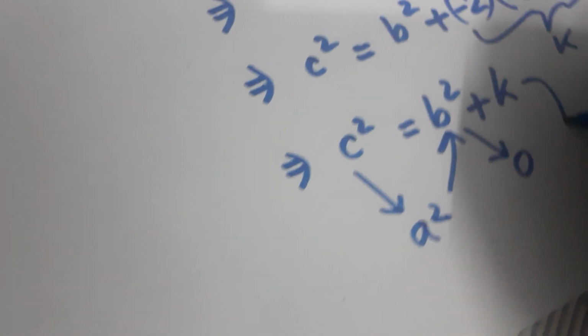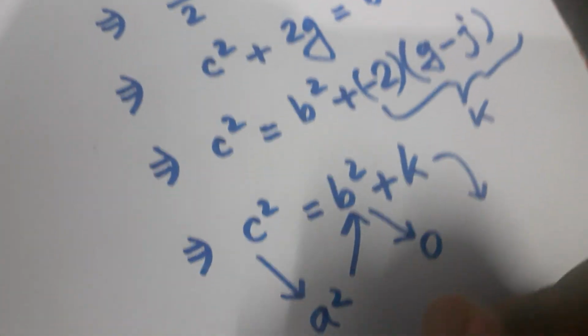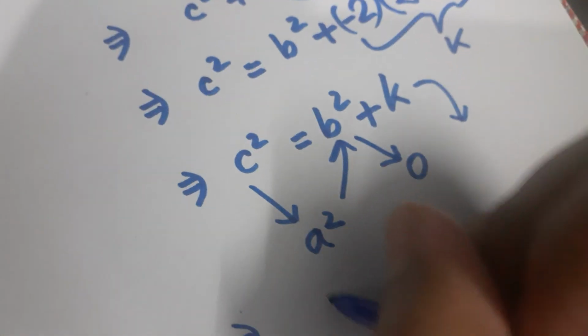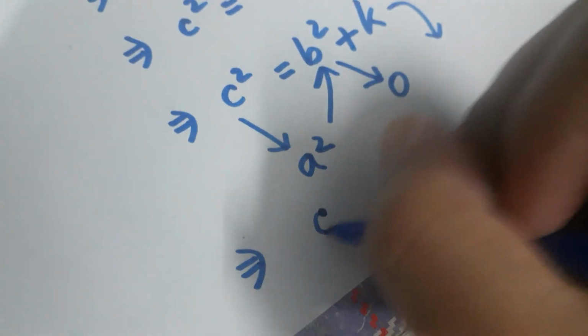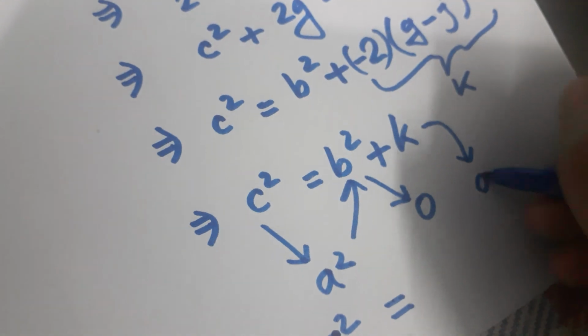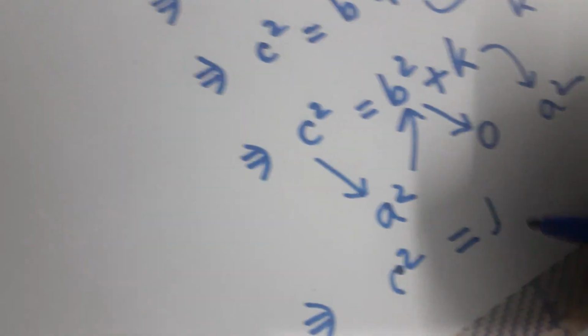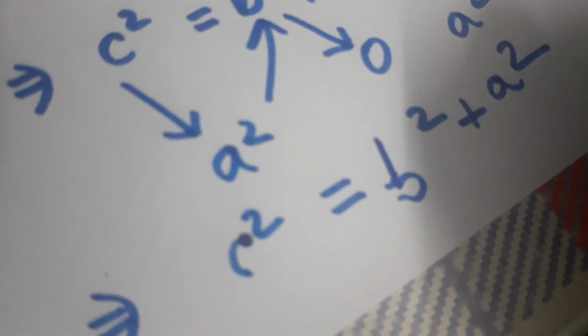That will give us the value of the integral constant k. You are seeing where this thing is going, to this relation here. Wow, we have proved Pythagoras using calculus.